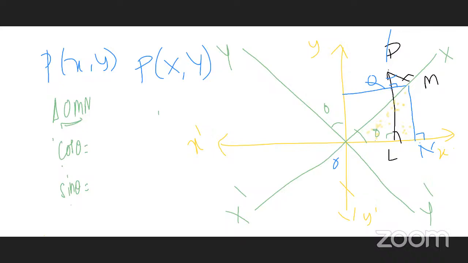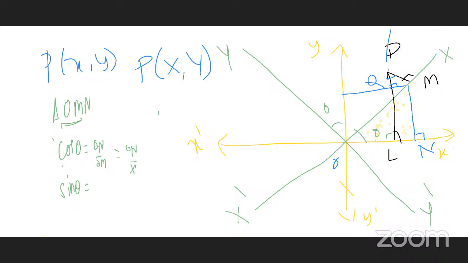Cos theta is equal to adjacent by hypotenuse, that is ON by OM. I want the value of OM. The value of OM is equal to capital X. So ON by capital X. Correct.